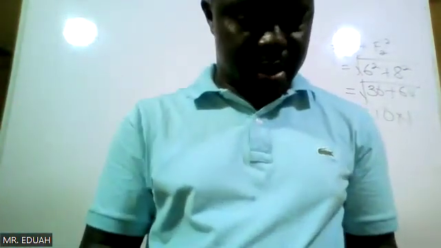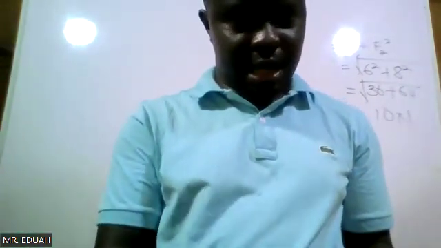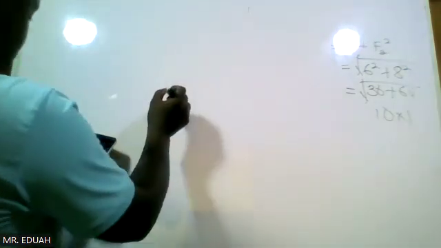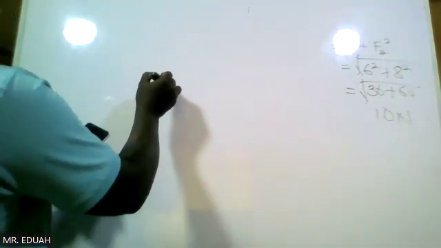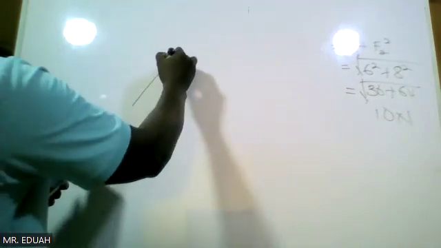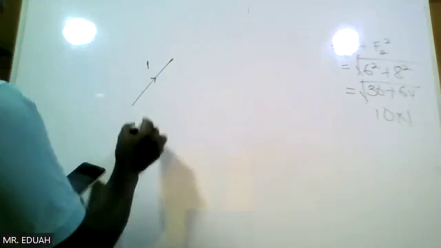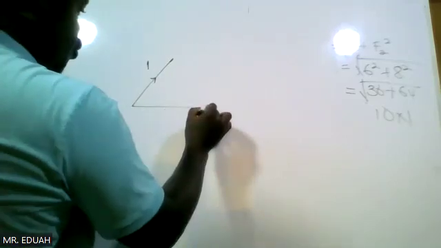We have these two vectors, vector 1 and vector 2.